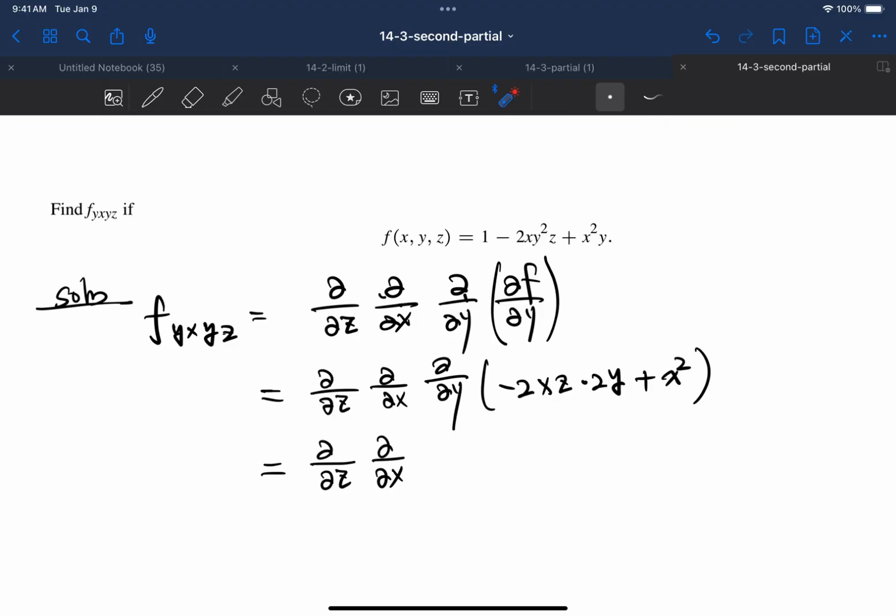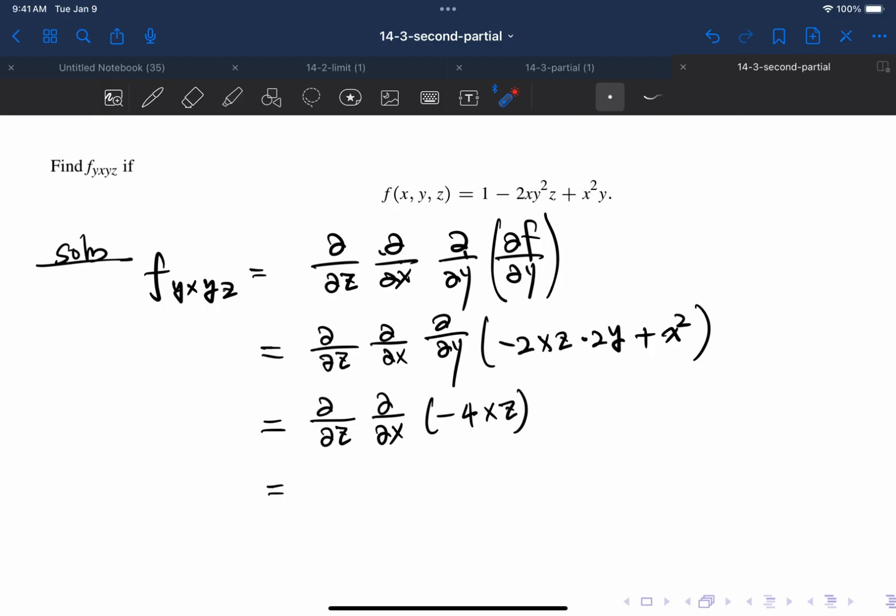Now, the next job is to take the derivative with respect to y in this term. But the last term has nothing to do with y. It's x squared, which means x is frozen or constant. Constant prime is 0. So everything before y has nothing to do with y, so you can just copy that as coefficient. And y derivative is 1. So taking the derivative with respect to y simply gives me negative 4xz.